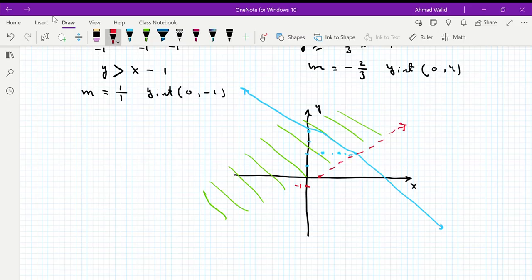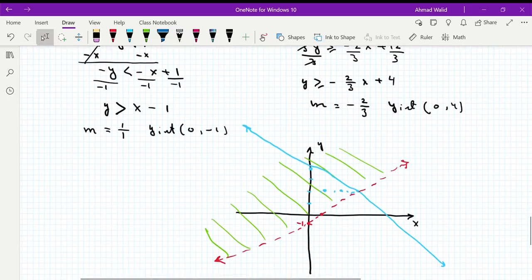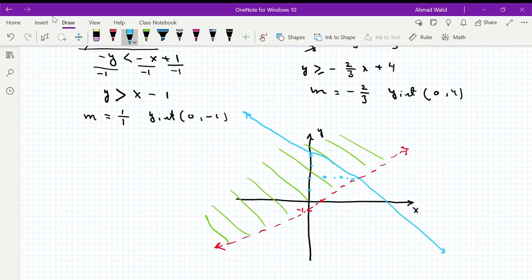That was my mistake, sorry. I will correct it now. Now, which side of the blue graph do I have to shade? Greater means the upper part, right? It means this part, the upper part of the graph.